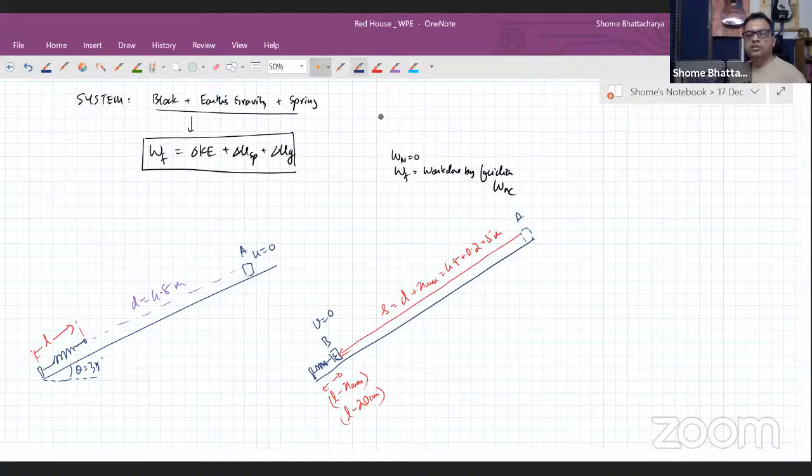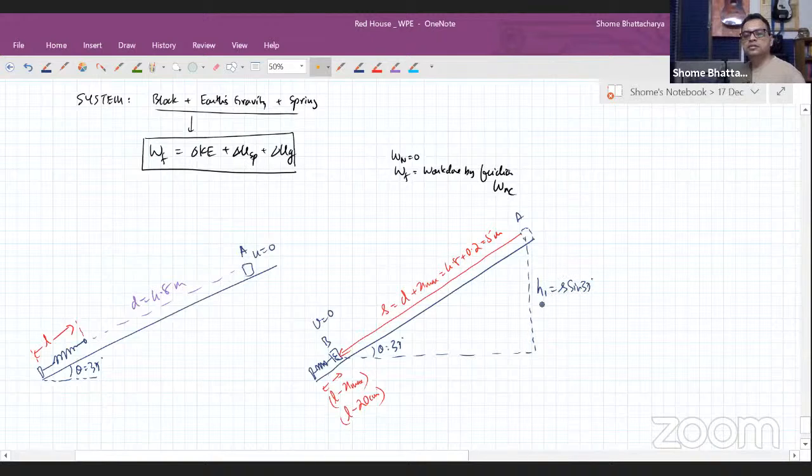And what is the vertical component of that displacement? So that is h1. So this angle being 37, it is s sine 37. So 3 meters, because s is 5 meters.